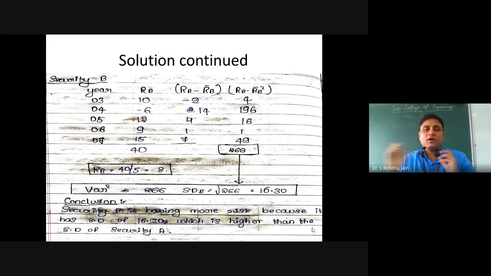See, there is a small mistake I have made in the third column. Can anybody tell me? 10 minus 8 is how much? +2. Right? Then -6 minus 8 is how much? -14.